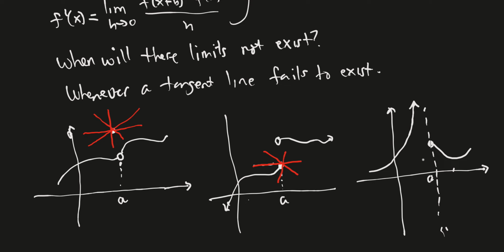It's like, what is the direction? What is the slope of this line? Is it that way? Is it that way? Is it that way? Right? So one answer to this question, when will these limits not exist? They will never exist at a point at which the function has any kind of discontinuity.